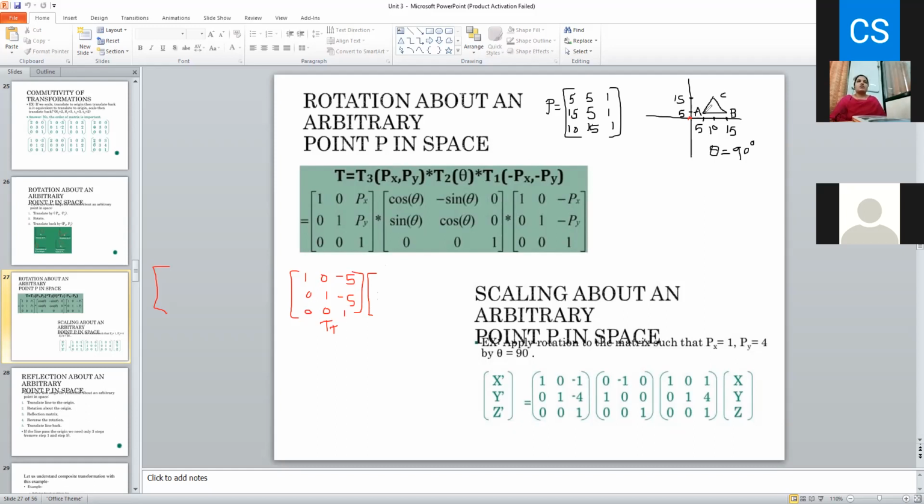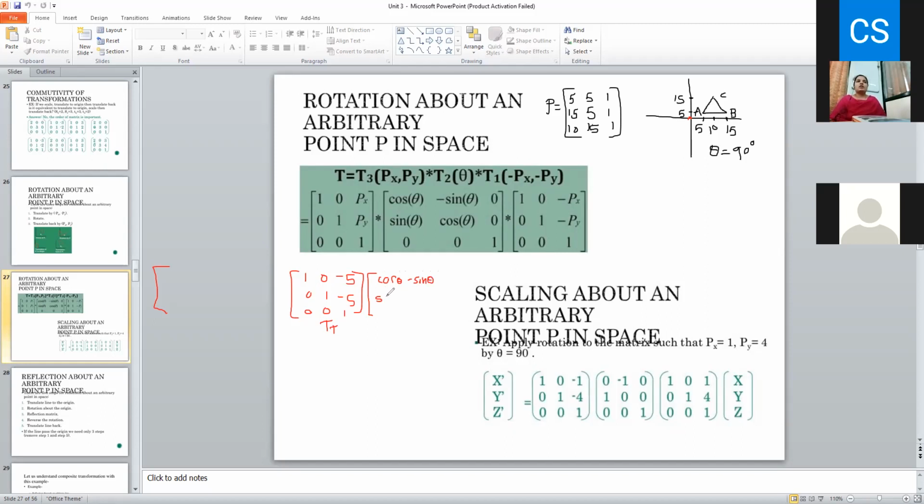Next, once it is coinciding, now I have the T matrix of the rotation. So the T matrix of rotation is cos theta, minus sin theta. Anticlockwise rotation is there.